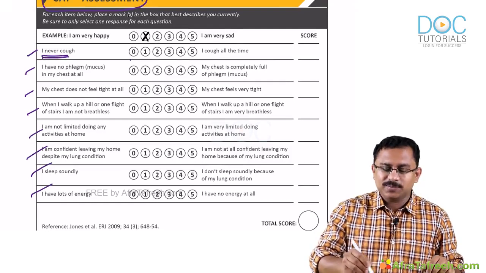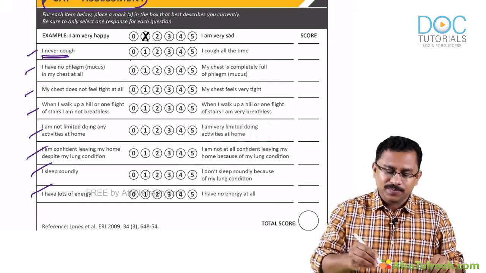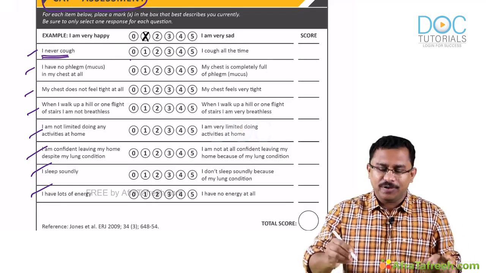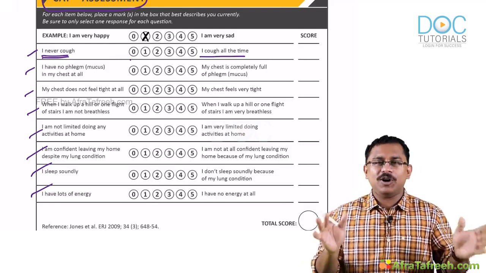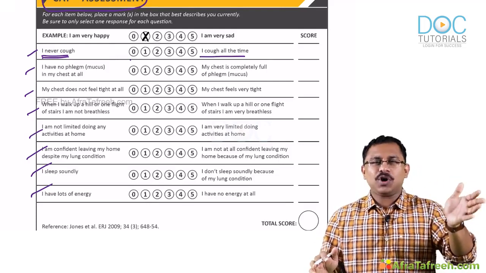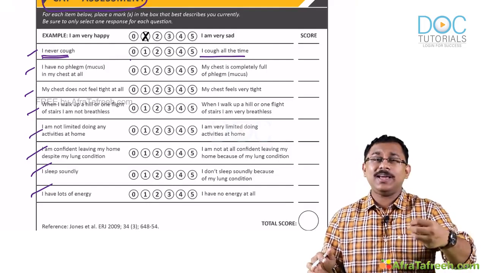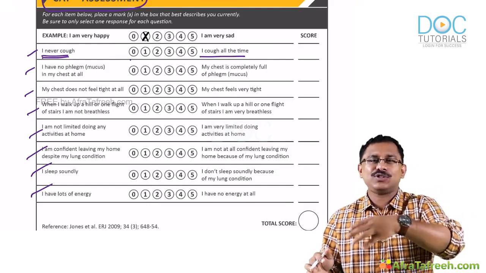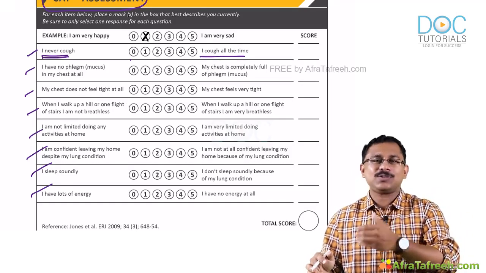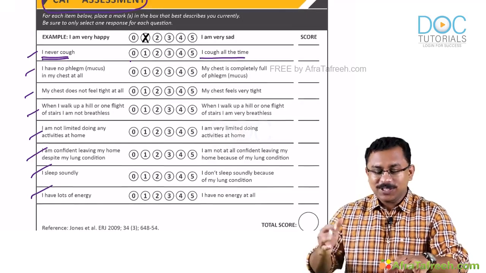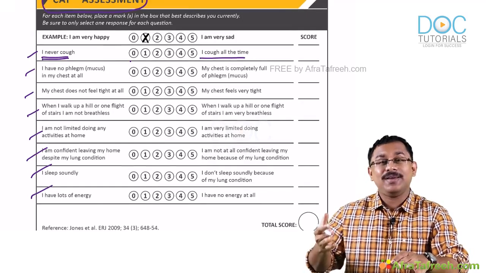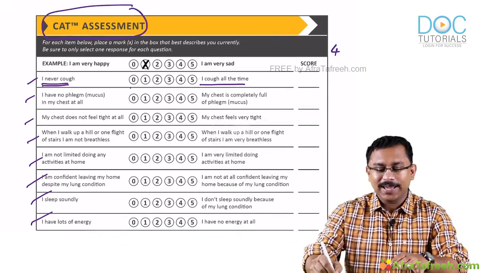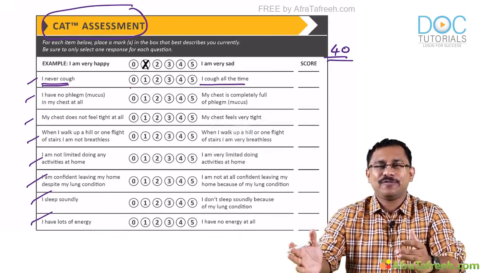You have scoring from 0 to 5 for each parameter. 0 means he has never had cough. 5 means he has cough all the time. So he might put a 3 score, he might put a 4 score. Which means the maximum score can be 40, as you have 8 parameters with a score of 5.